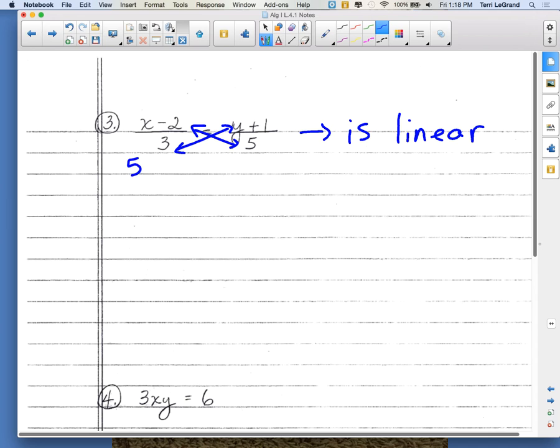So we have 5 very important parentheses times x minus 2. We have 3 very important parentheses times y plus 1. When there's more than one term that has to be multiplied, that needs to go in parentheses. Go ahead, get this cleaned up. You know how to do it. You know how to do your own distributive property.